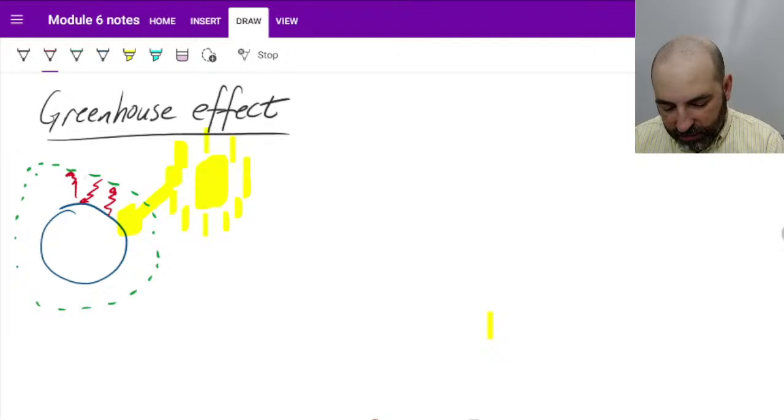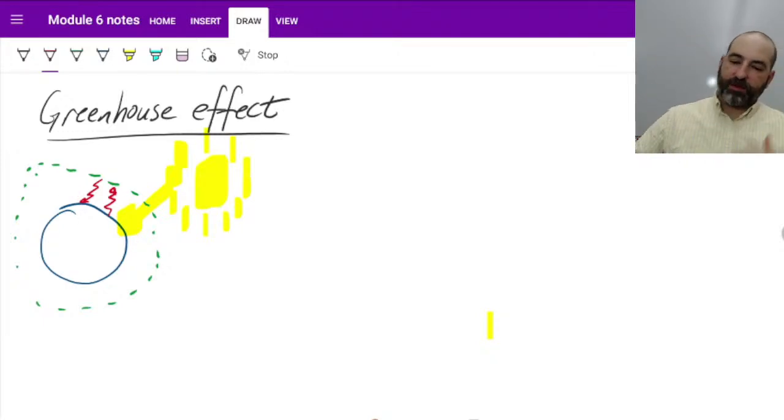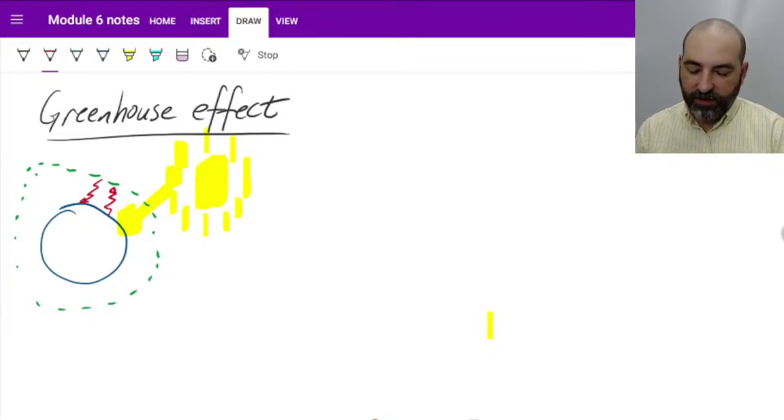So there's this main light coming in from the sun. The light doesn't really reflect off the Earth. The light's absorbed by the Earth, and then a different type of light, infrared light, is emitted back out. If we didn't have an atmosphere, that light would just go out to space and nothing would happen.